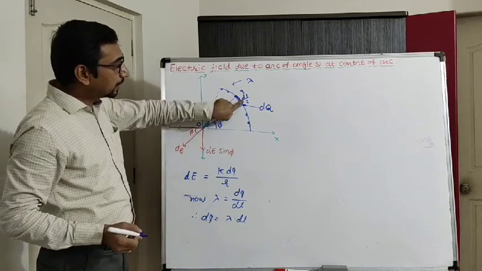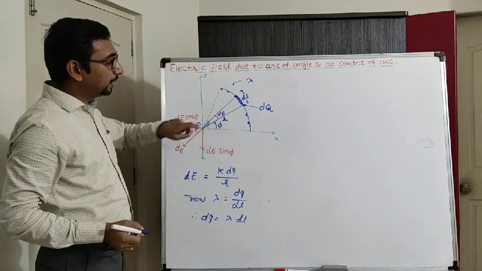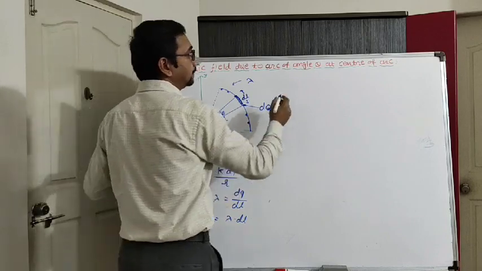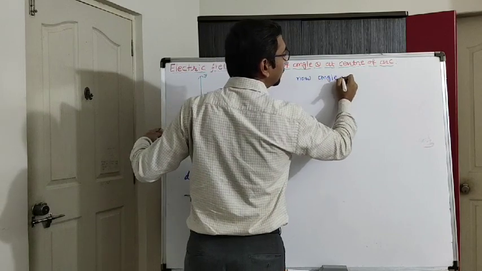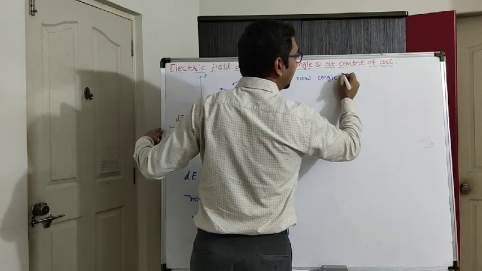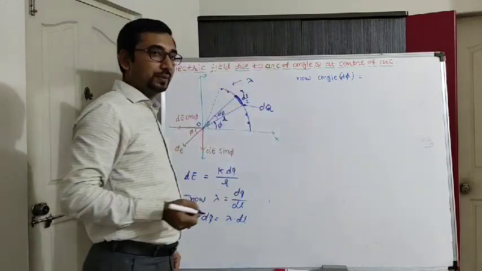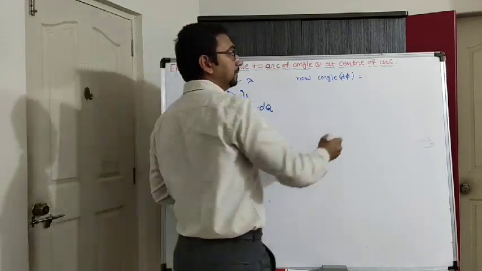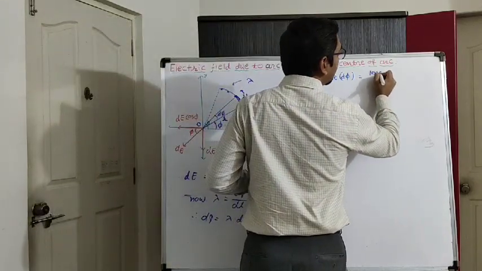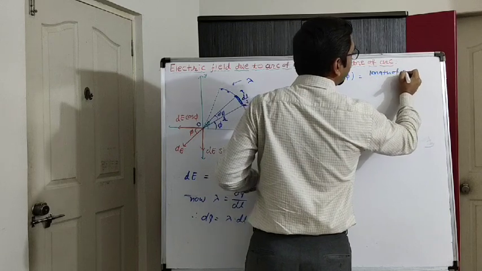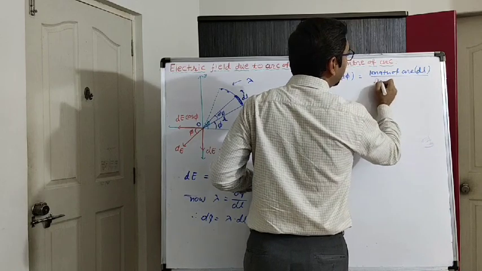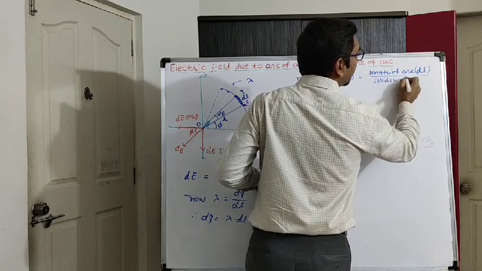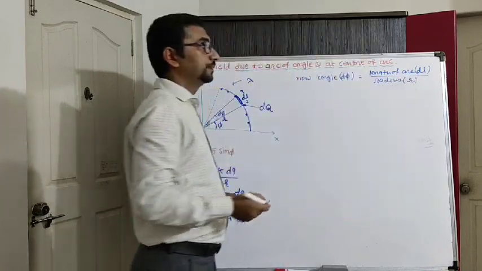Now if we convert this dl into angle d phi, then angle d phi is equal to the length of the arc, which is dl, divided by the radius, which is r.